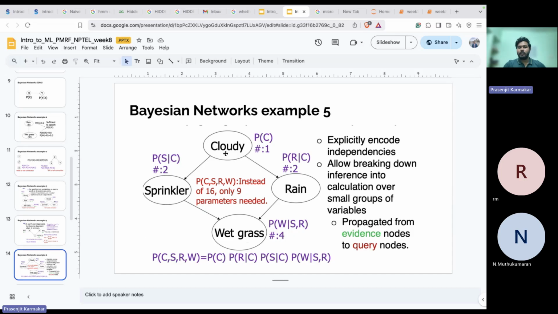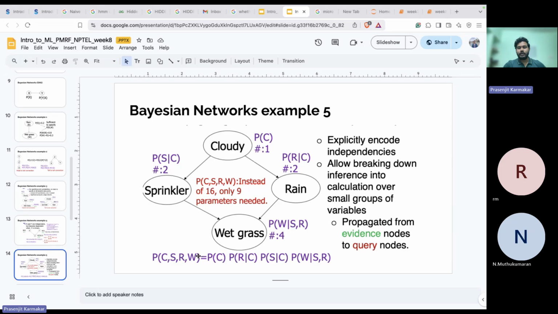So what you have to do is traverse this path: P of C, P of S given C, and P of W given S. In this path also it can come, so you also have to know the probability of this path, or if it is not given, you have to compute it.